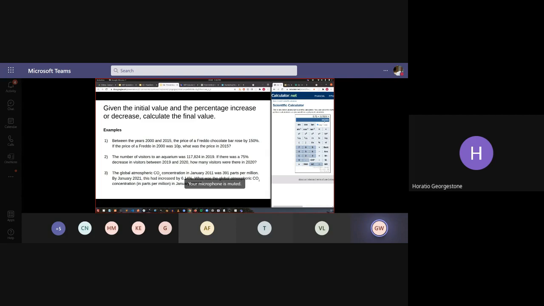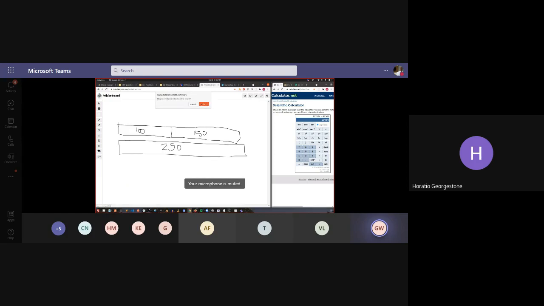And we get 88,368. So then we want to do initial amount take away the decrease, and then we get the answer, which is 29,456. Now, if you wanted to do it in one step, you would just have to realize that the new amount is 25% of the initial amount because it went down by 75%.